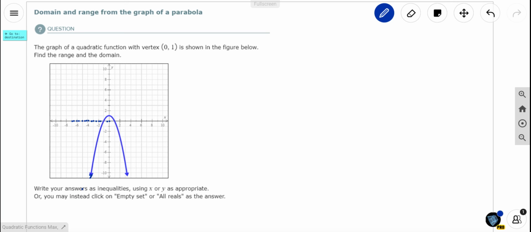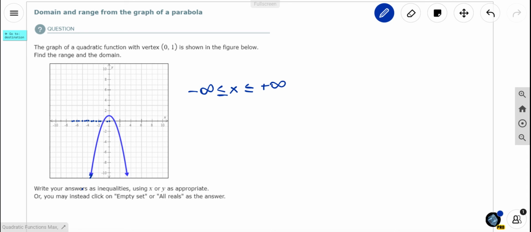It doesn't matter. x can be anything. So it's going to be negative infinity is less than x is less than positive infinity. In other words, x is between positive infinity and negative infinity. And that's how you write it.